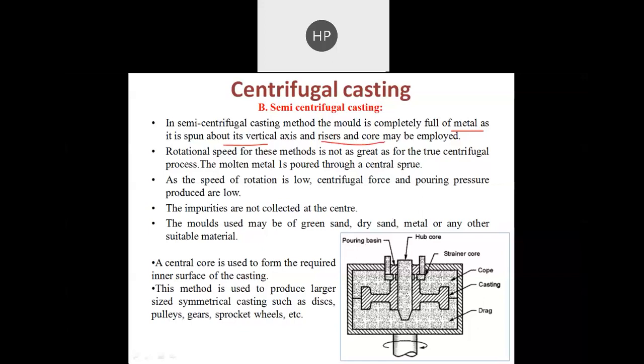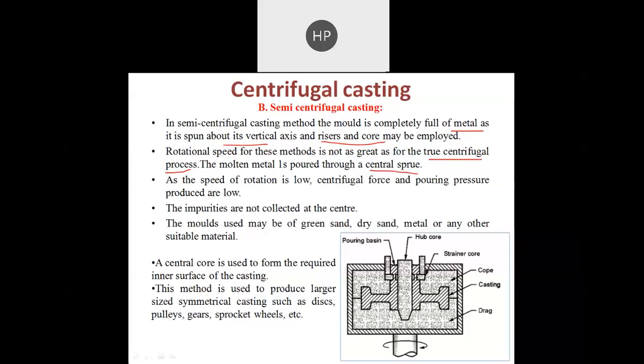The rotation speed of this mold is not as great as for the true centrifugal casting process. It is slightly slower, or its RPM is slightly less than true centrifugal casting. And here the molten metal is poured from a central sprue.